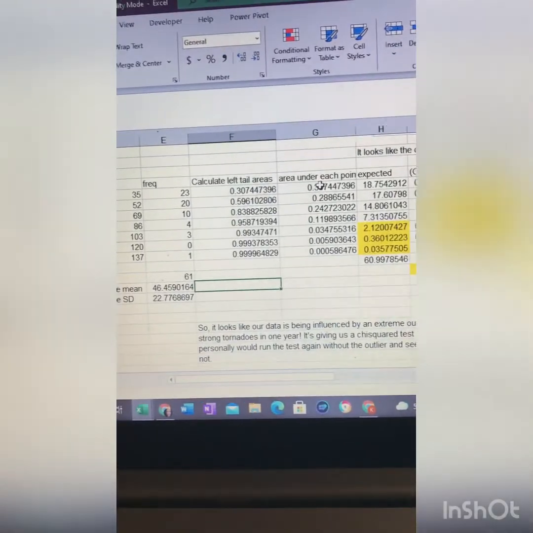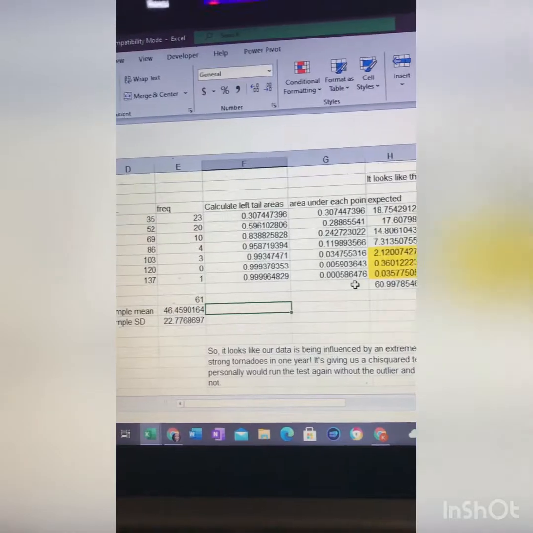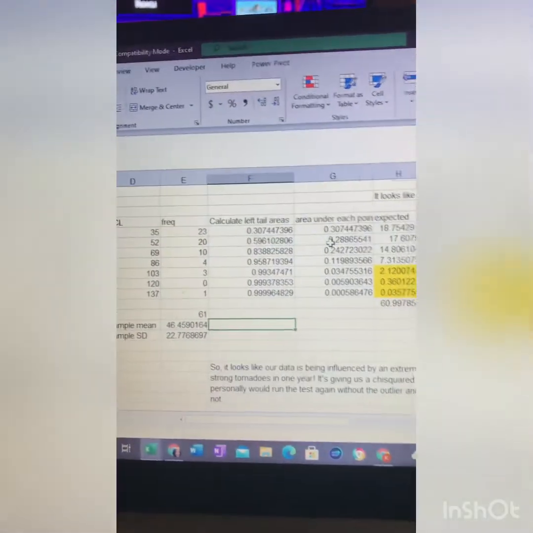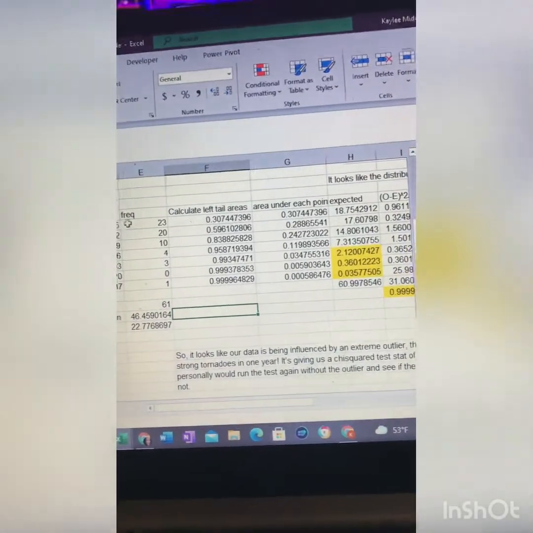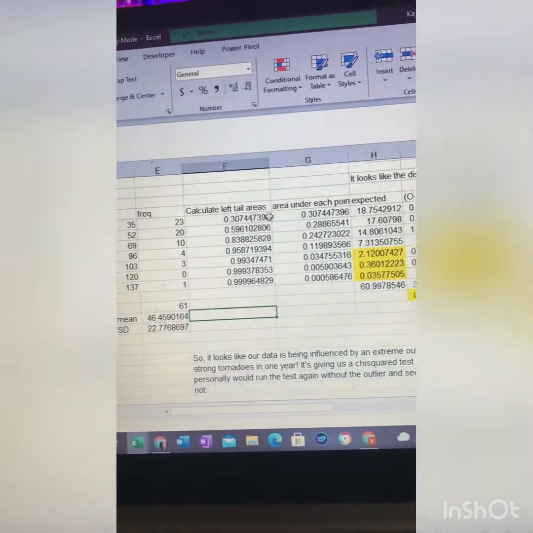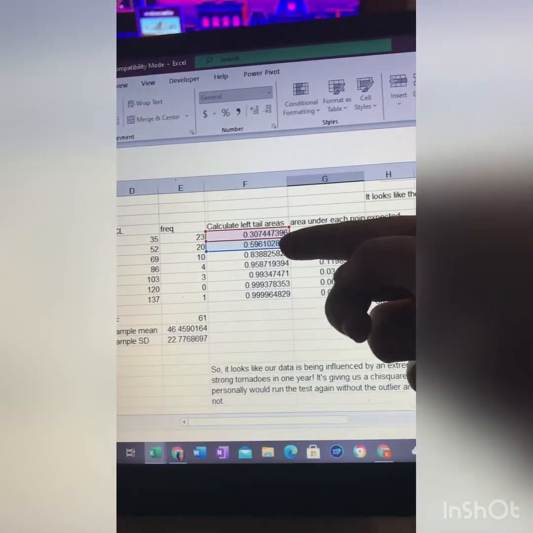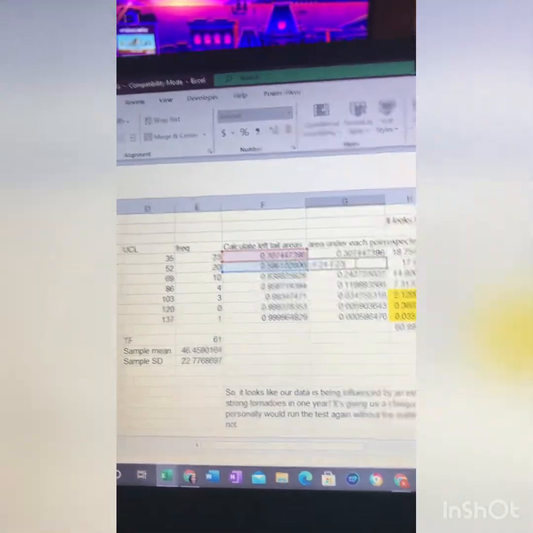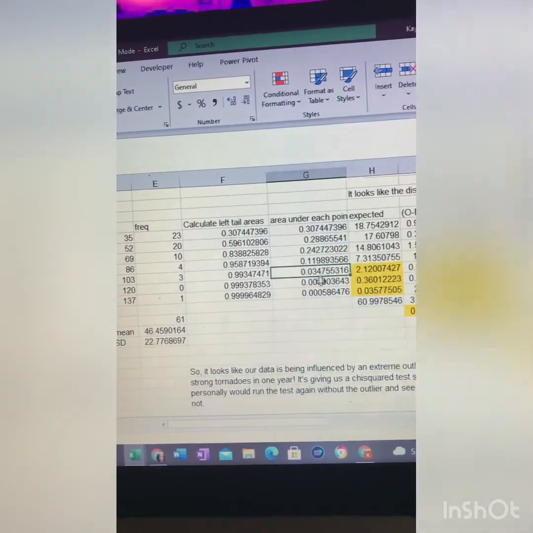Now we're going to calculate how much of that area is between the upper class limits. For example, if we're looking from 52 to 35, how much area falls between that? So we take our 35, the area for that, copy it over, and then for the rest of them, we take the upper class limit of the next class and subtract the previous class to give us the area under each section.